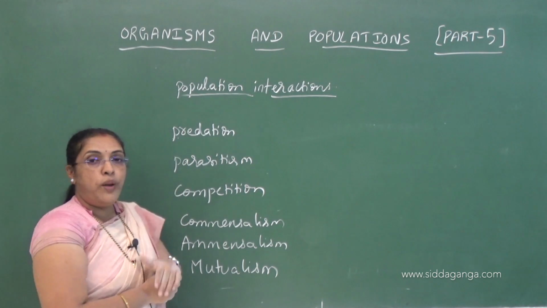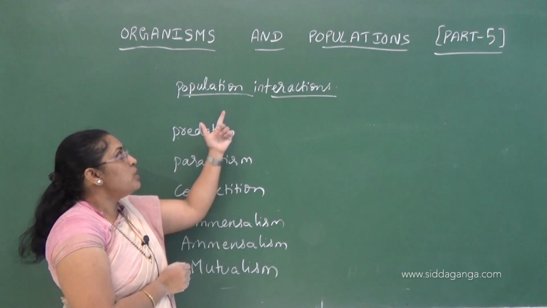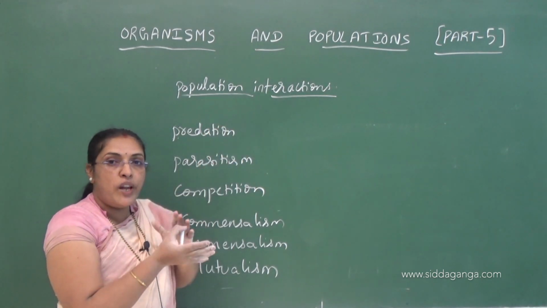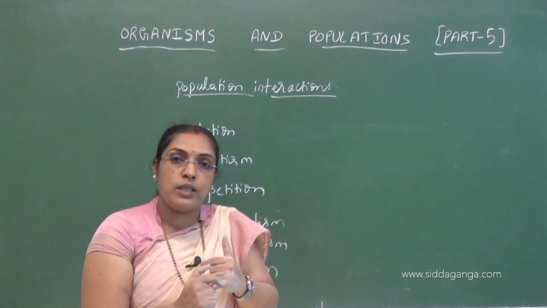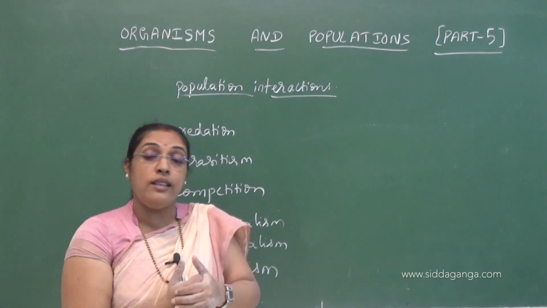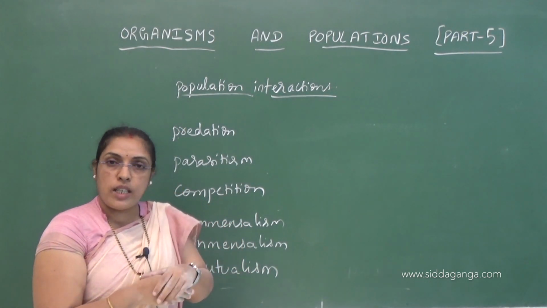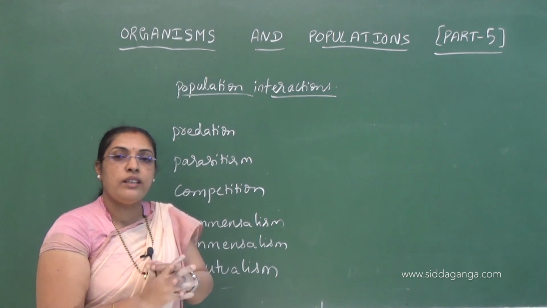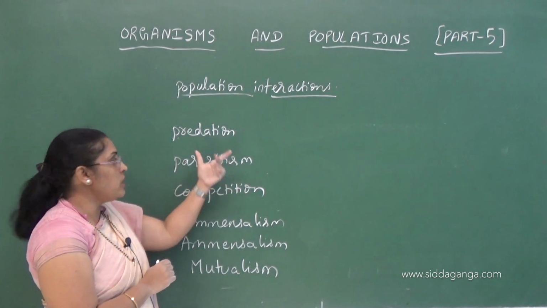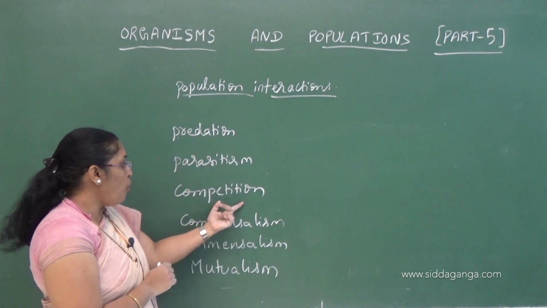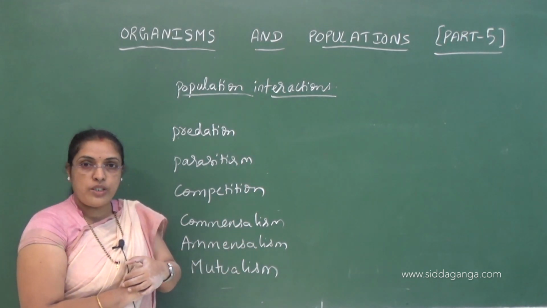So, in population interactions, we have 6 types, which include both intraspecific and interspecific interactions. Intra means interaction between the same species. Inter means interaction between different species. In that we have predation, parasitism, competition, commensalism, amensalism, and mutualism. Understood?